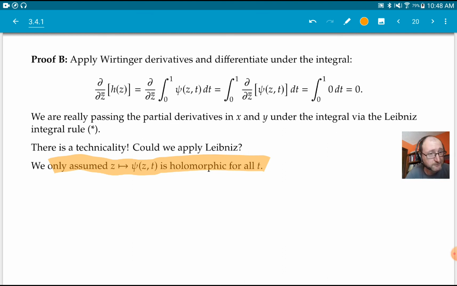It's infinitely differentiable, right? But we don't know if those are continuous as you move t. So a priori, this doesn't quite work yet. You cannot just apply Leibniz here. You need a little bit more.